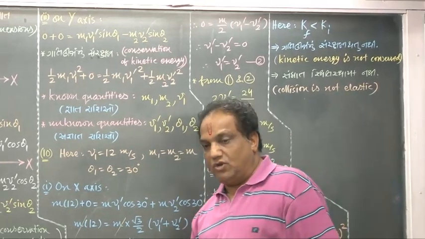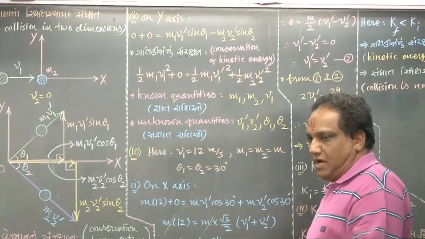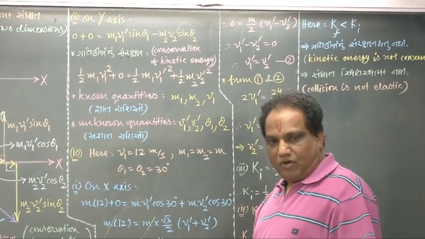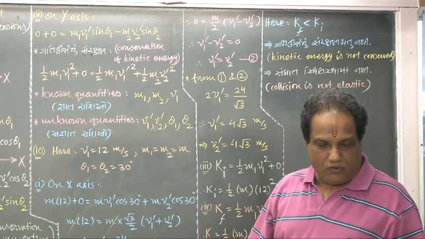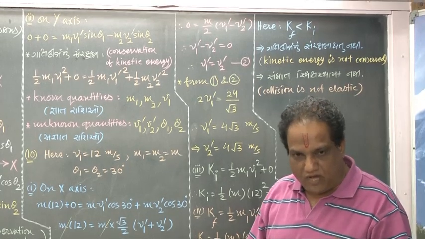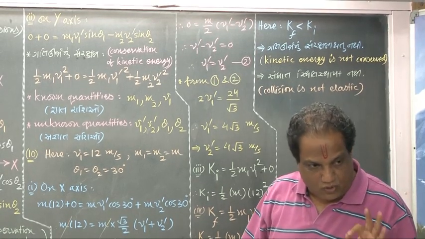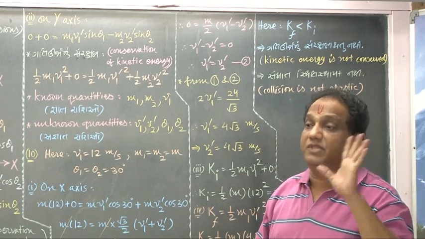How many equations in all do you have? 1, 2 and 3 equations. From 3 equations, there is a standard rule in mathematics: if you want unique values of as many unknown quantities, you should have at least that many equations between them.